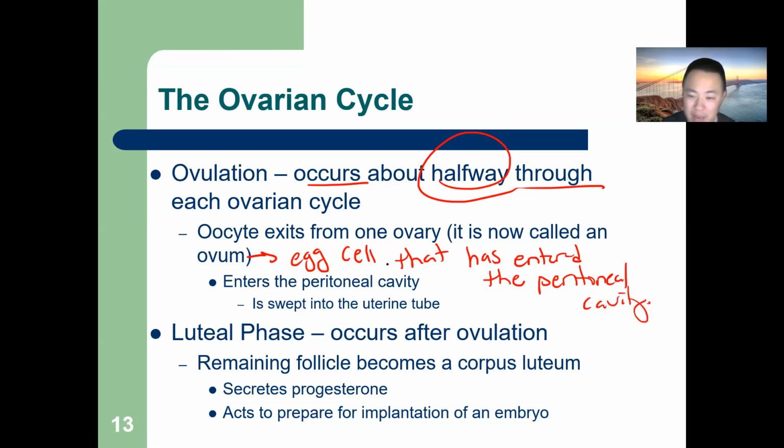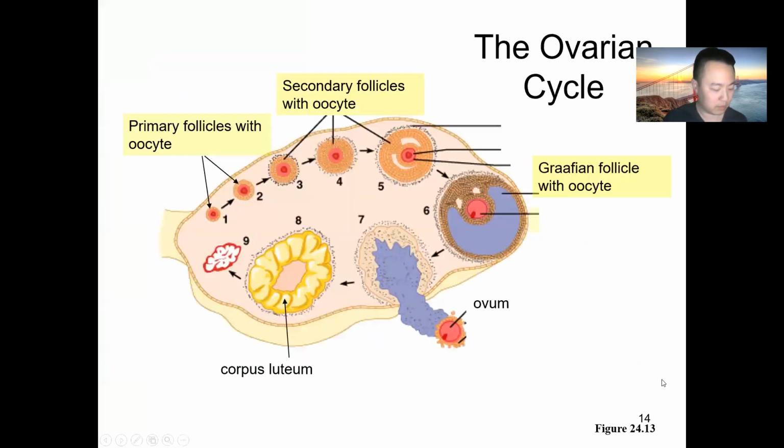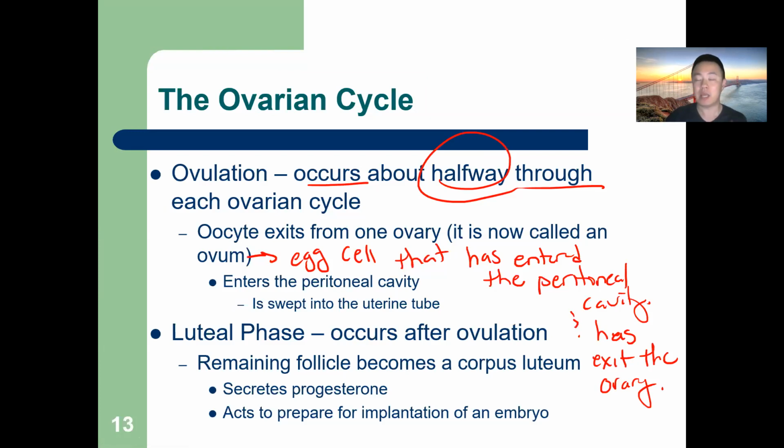So again, this new ovum has exited the ovary. It was an oocyte at first, and now it becomes an ovum, and it goes into the peritoneal cavity temporarily. So there's this little gap.